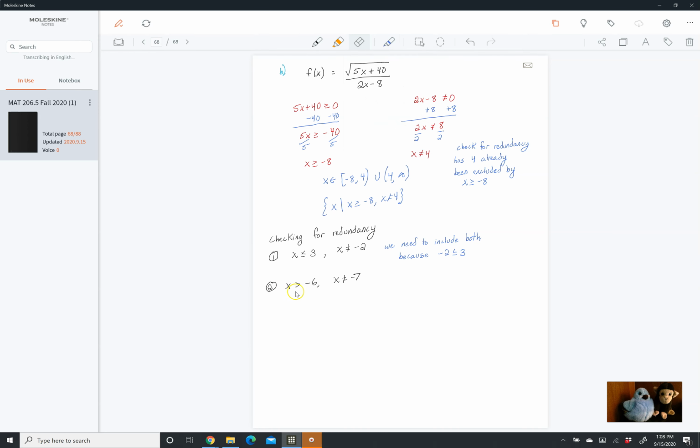Is -7 greater than -6? No. That means it's already been excluded. -7 is not greater than -6.